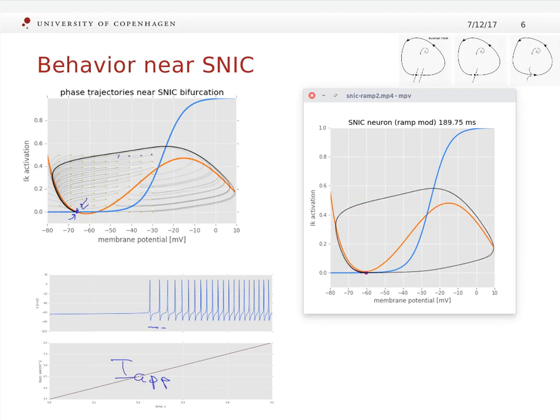But as the separation between the nucleons gets larger and larger, you will see that it takes less and less time for the system to go through this valley. Alright, we see that the spiking rate increases. How lovely.